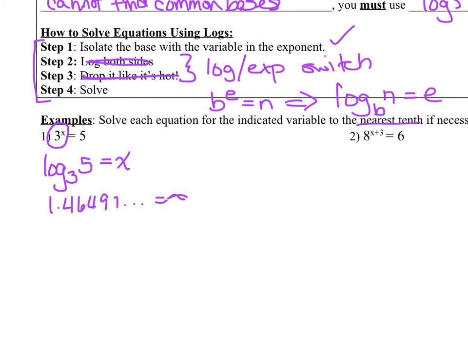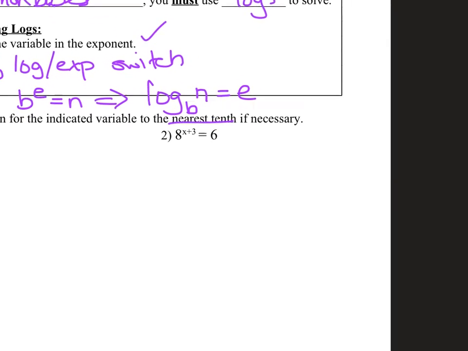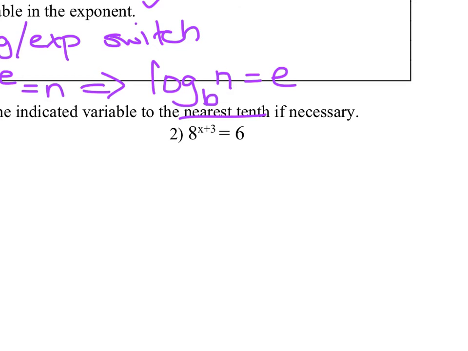Goes on forever. Rounded to the nearest tenth, it's 1.5 equals x. Nice. That's it. That's solving exponential equations. Okay, we're going to have to isolate a little. We're going to have to solve a little bit more, but that is the basic gist.